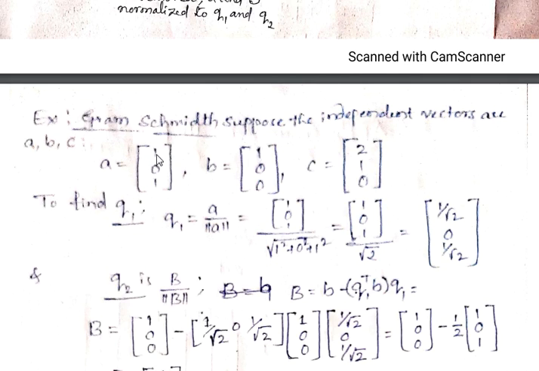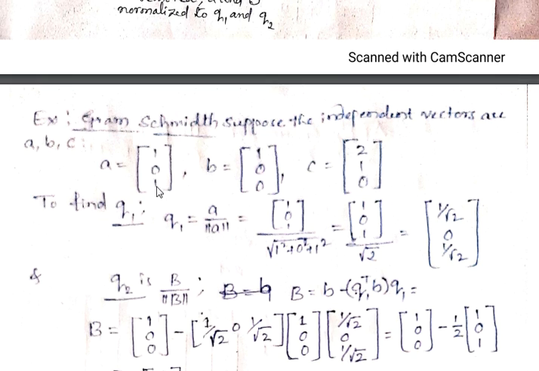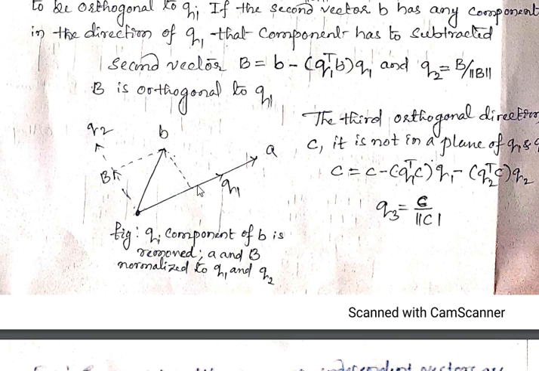It has both the x as well as the z components, so it would be pointing in this way. From this we get Q1, and normal to this Q1 we need to find Q2 and even Q3. These all have to be normal to each other.